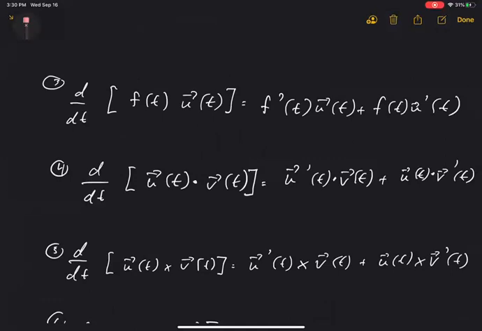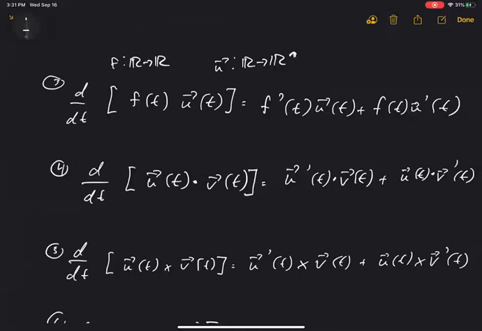Looking at number 3 here, what's going on? I have a vector valued function times a normal function from R to R. So maybe it's better to do this. f is from R to R, our usual understanding of a function, and then u is from R to Rn.